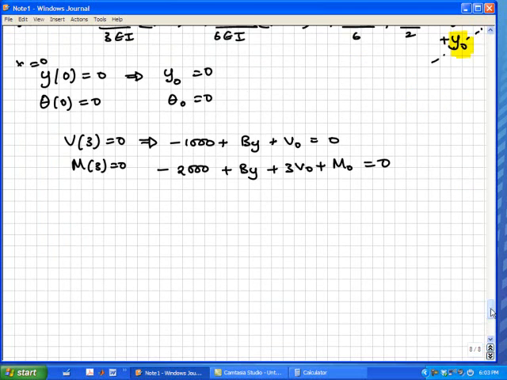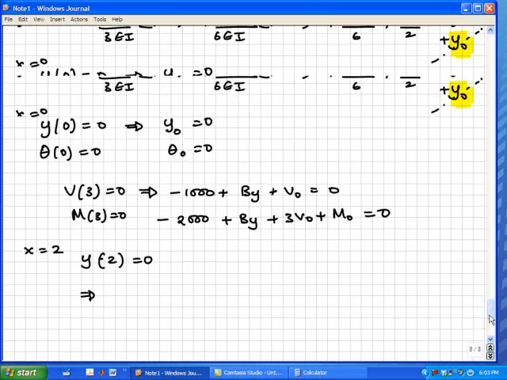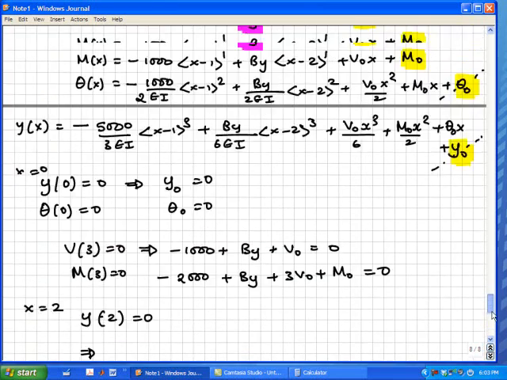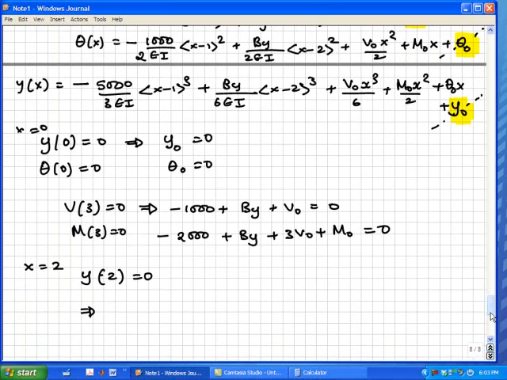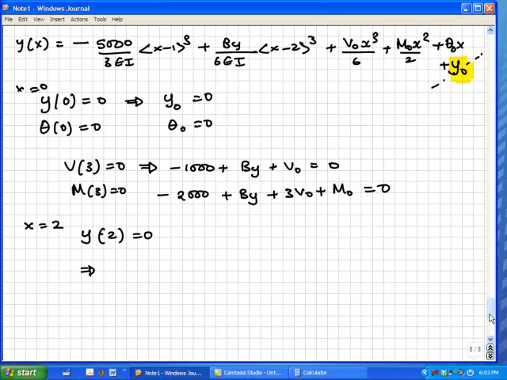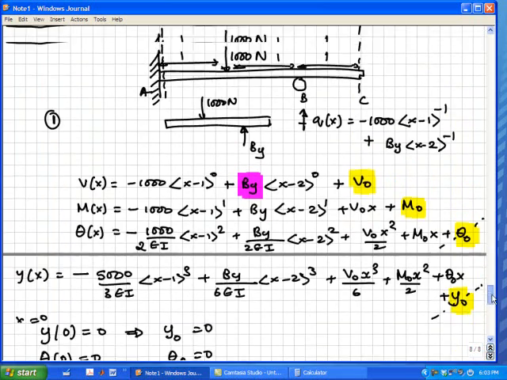Then the intermediate condition at x equal to 2, I get y equal to 0. That's the other condition which will give me, so x minus 1 to the cube. Right?